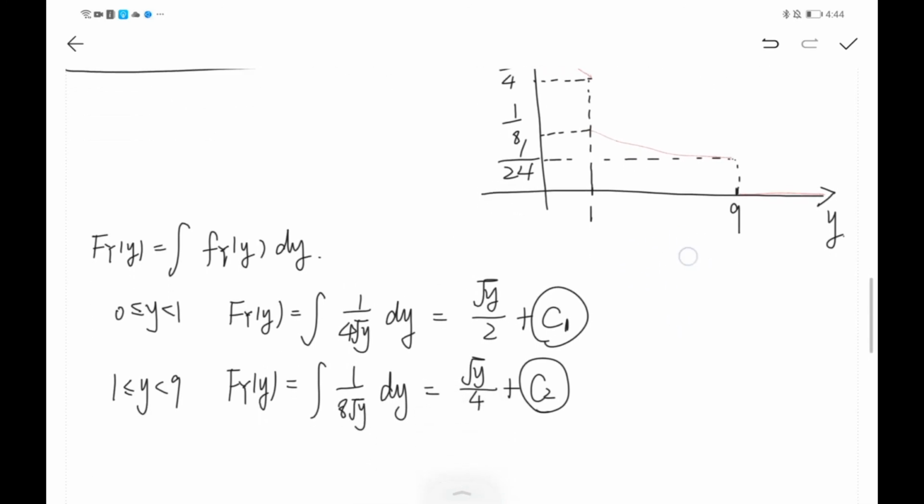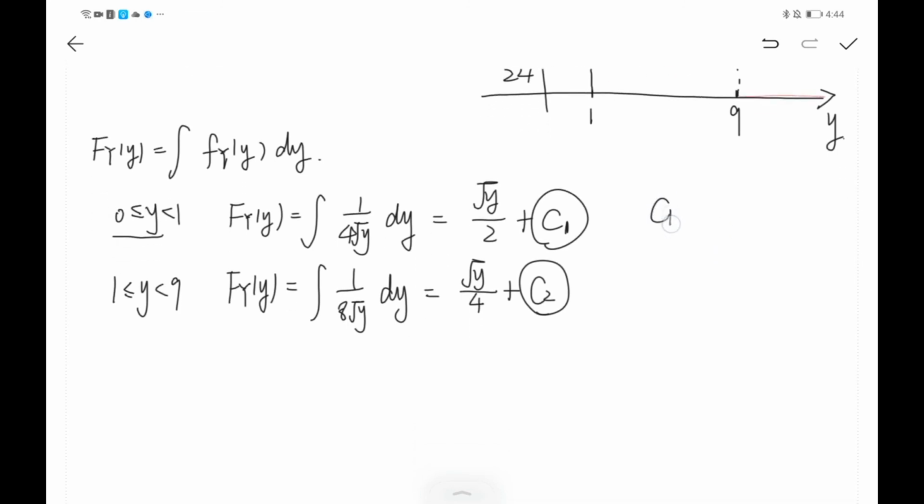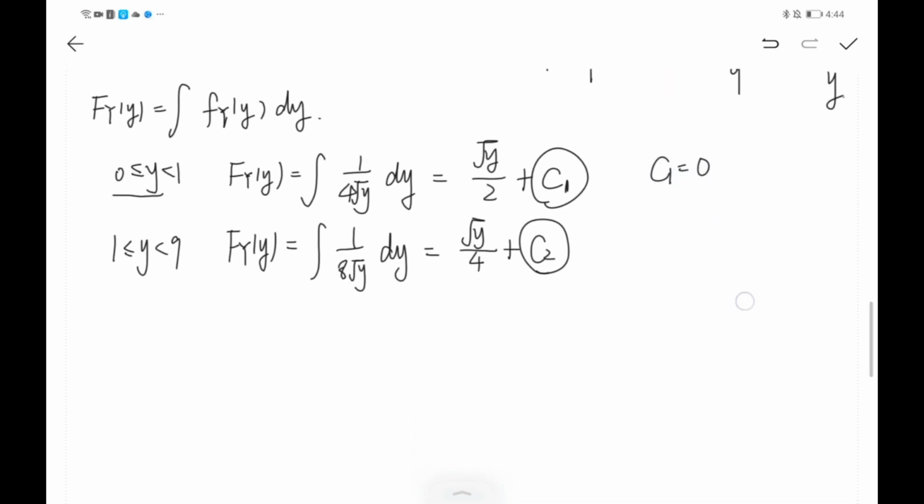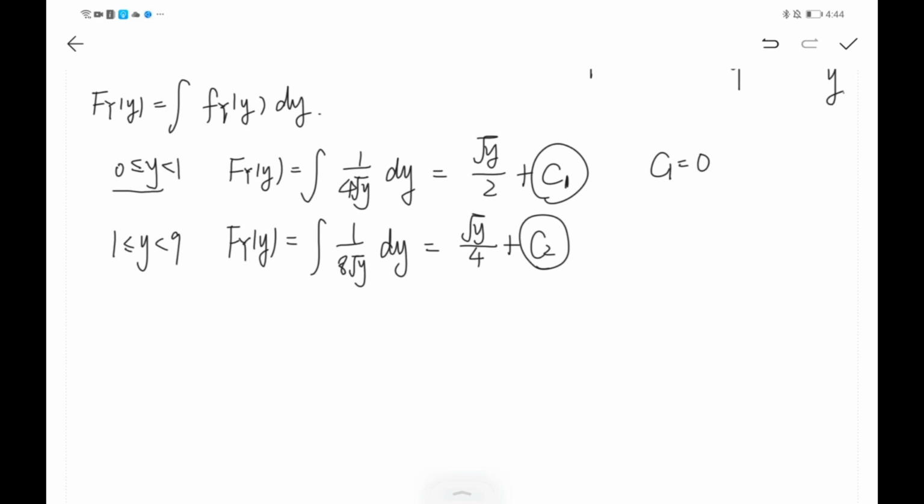From the density function, we know that when y equals 0, the probability equals 0. So we know that C1 equals 0. And we know that when y equals 9, the value of the distribution function equals 1.